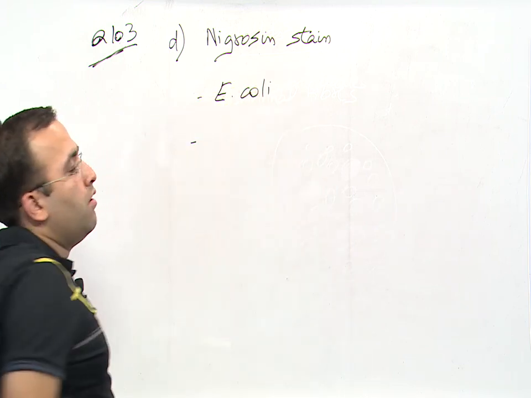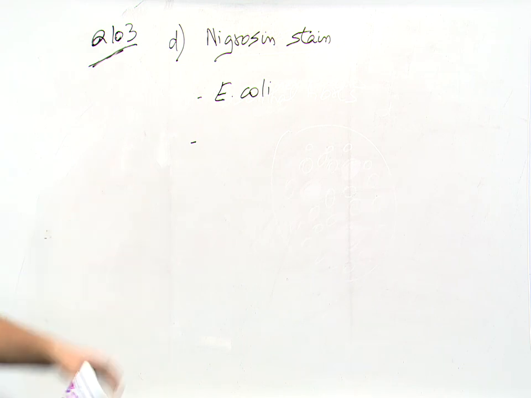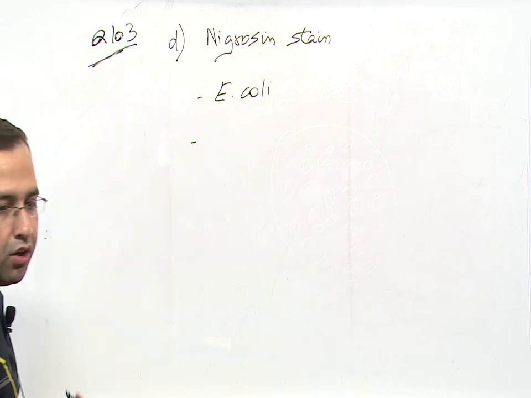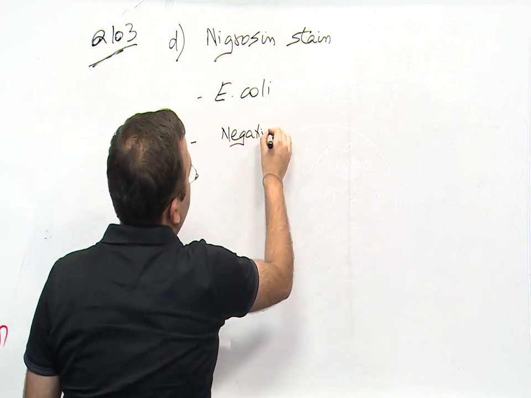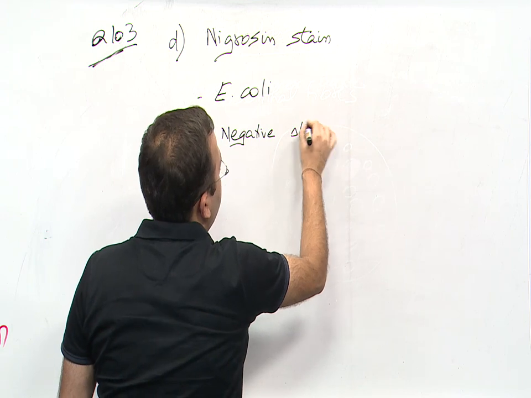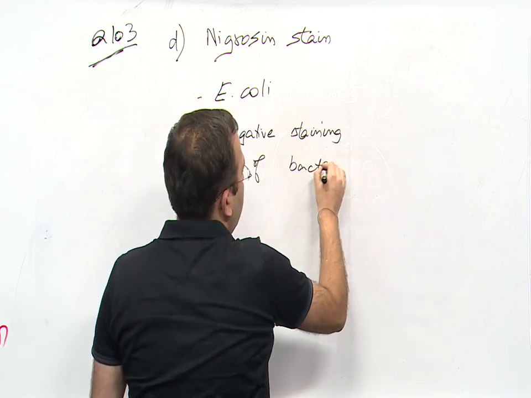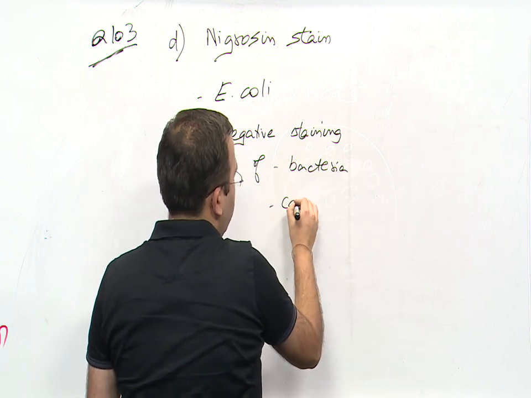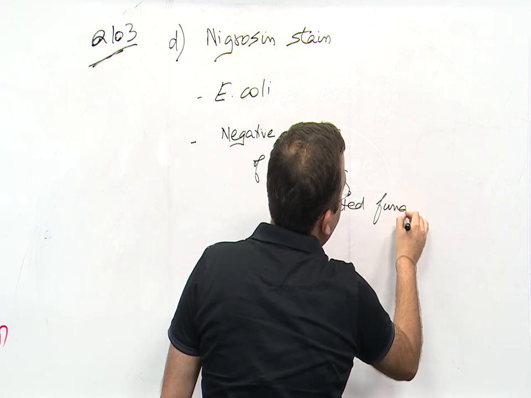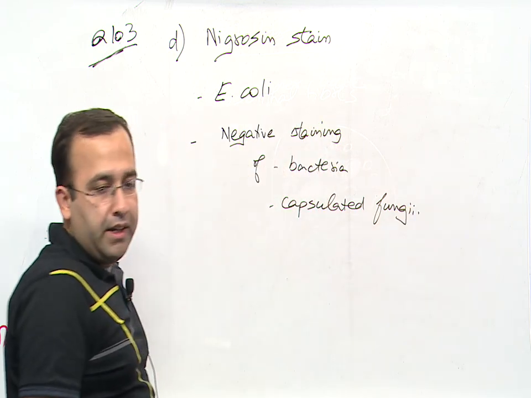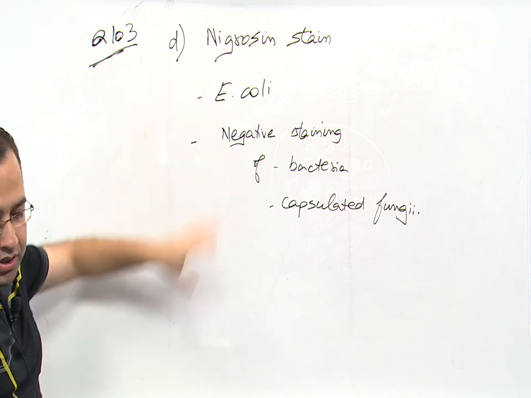It is used for negative staining of bacteria and capsulated fungi. Nigrosin stain.